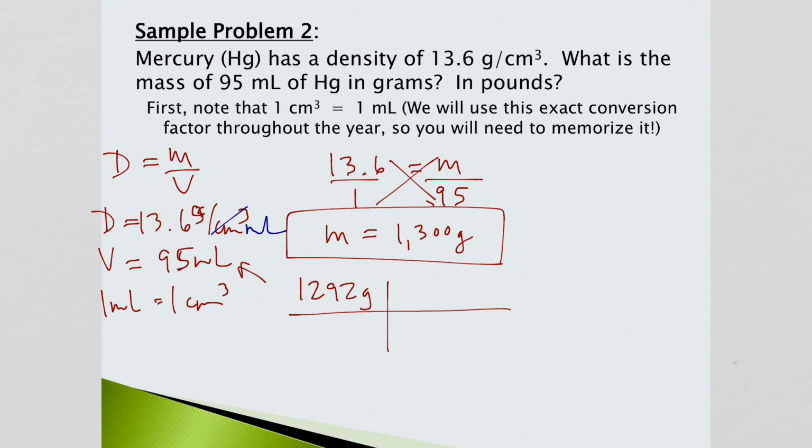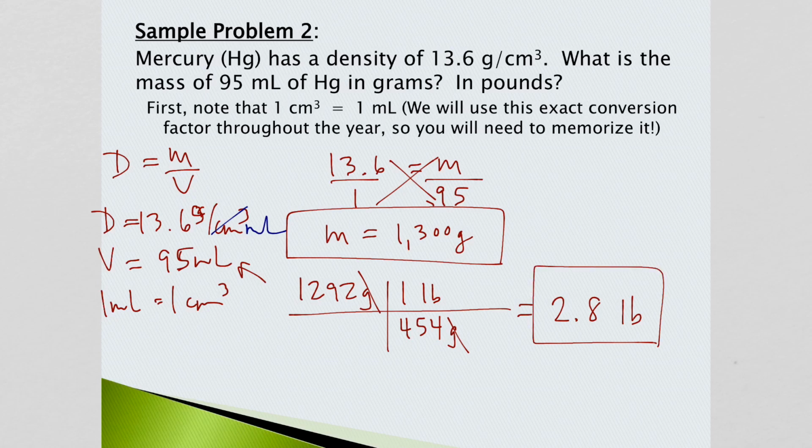So the number in my calculator was actually 1,292, etc. So I've carried 2 extra significant figures. And now the conversion factor between pounds and grams, as I gave it to you earlier in this lesson, 454 grams is 1 pound. My grams will cancel, and my final answer, rounded now back again to 2 significant figures, 2.8 pounds.